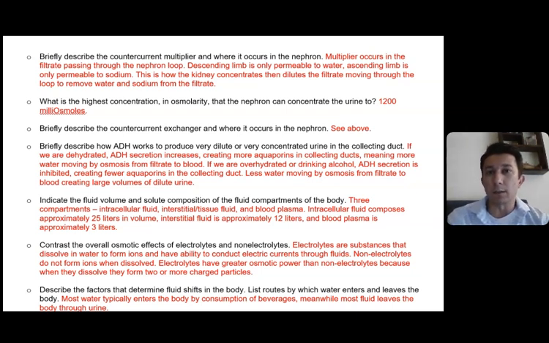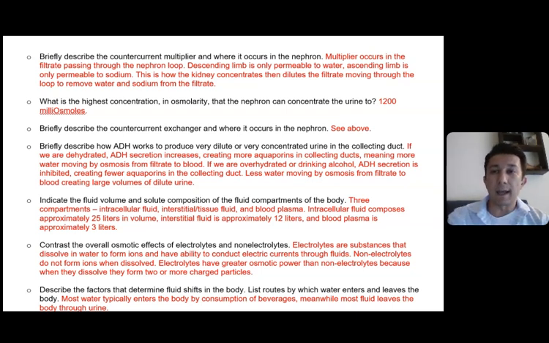It's called that because it increases, or multiplies, the concentration of the filtrate that's flowing through it. The multiplier occurs in the filtrate passing through the nephron loop. The descending limb is only permeable to water because it only has aquaporins in it, and the ascending limb is only permeable to sodium because it only has sodium-potassium pumps in it.